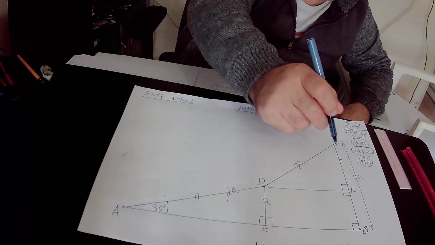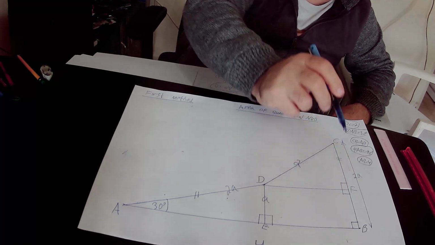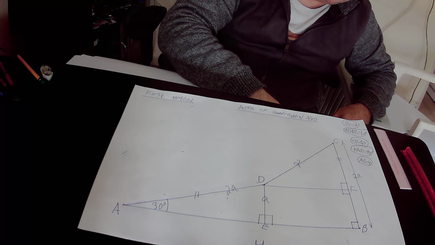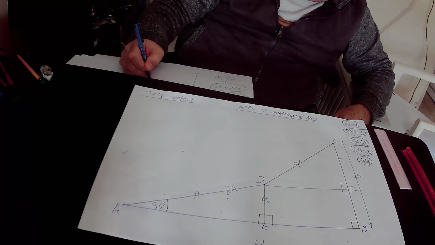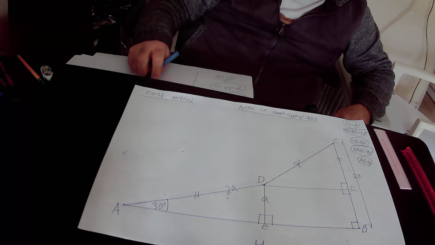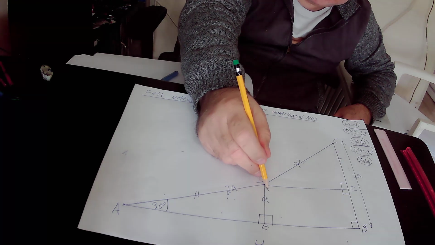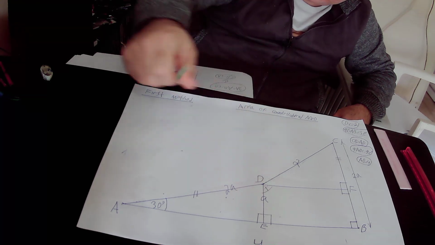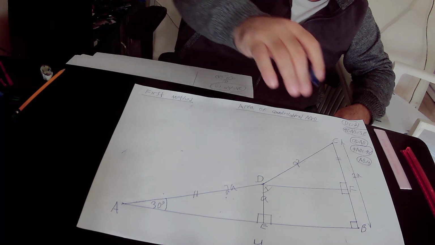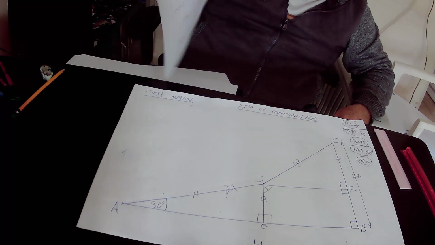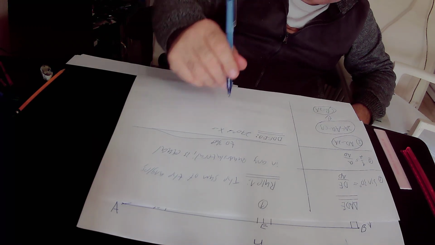Quadrilateral DFEB has 3 right angles, 1, 2, 3. The sum of 3 right angles is 90 times 3, which is 270 degrees, plus the size of the fourth angle that we will define as angle x. So the sum of those 4 angles must be equal to 360 degrees according to rule number 1.